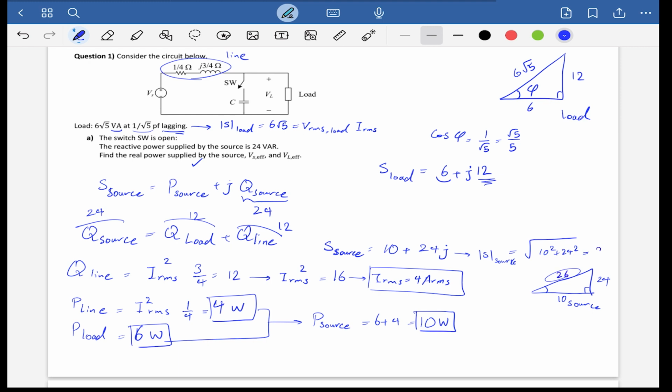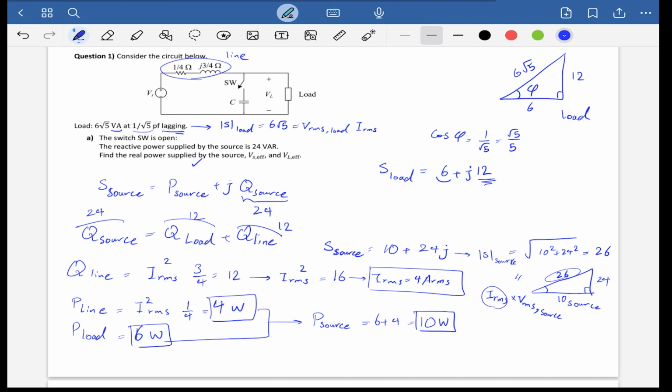This is 26. Let me check it with the calculator. Yes, it is 26. And this is equal to IRMS times VRMS of the source.